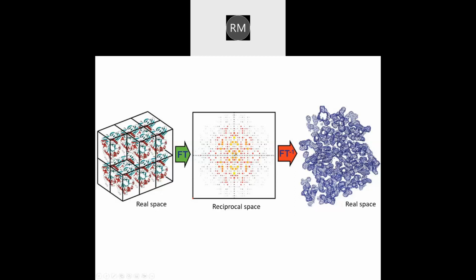So each spot can have different phase angles, as well as different intensities. If we know both of them, then we can compute the inverse Fourier and get the electron density where we can fit the model and get the structures.